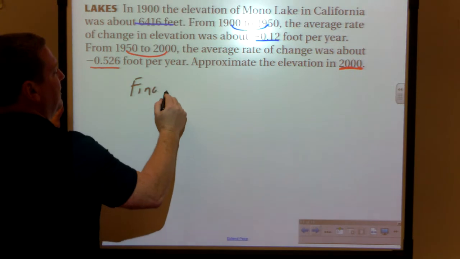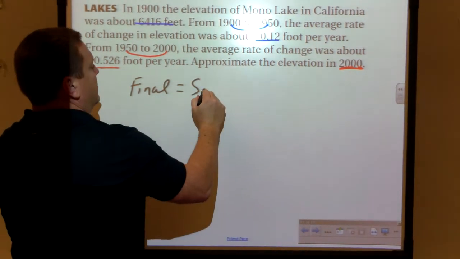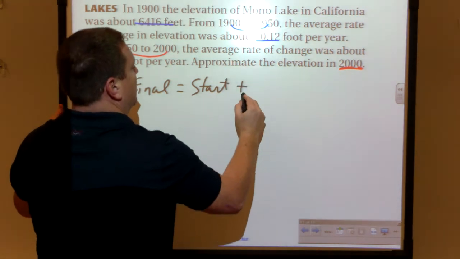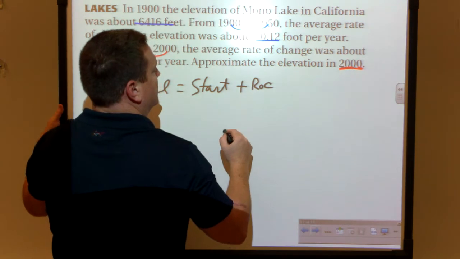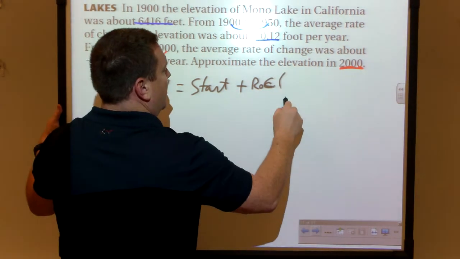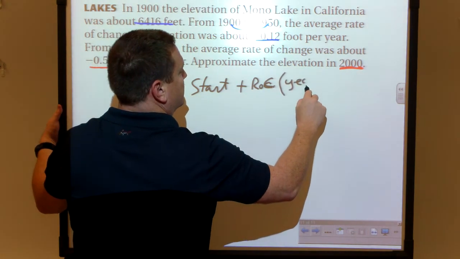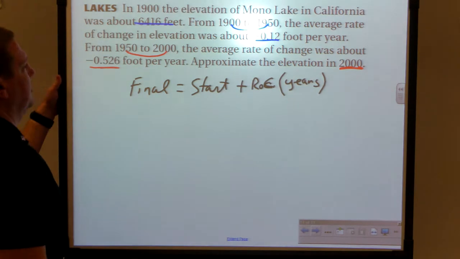Our final elevation is going to equal our starting elevation plus our rate of change, we'll call it ROC, times the number of years in which it's changing. And now all we've got to do is substitute some numbers in there.